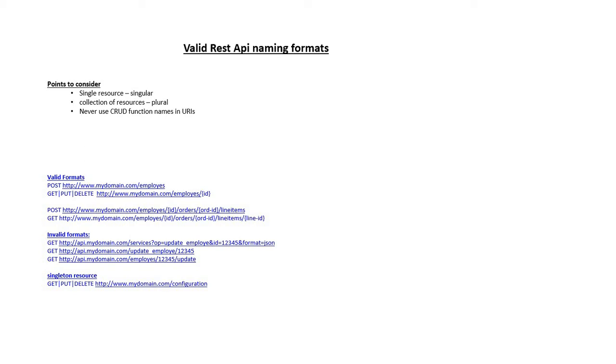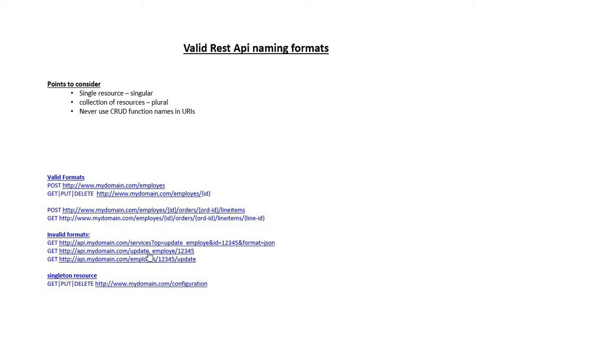On top of these valid formats, some of the common mistakes we make are that we always want to go with one URL, and we try to pass what kind of operation we want to do as a parameter, passing everything as a parameter. This doesn't make sense, right? There is an issue with this, and you are creating a lot of issues in the future with this particular configuration.